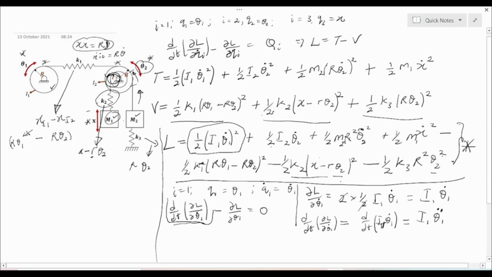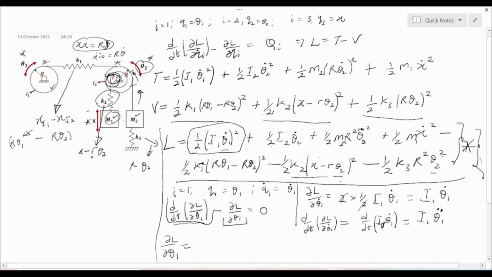So that can easily be written as I1 θ1 double dot. The next thing is to look for the second term, ∂L/∂θ1. And to do that, we are going to differentiate all of our L term. Let's recall that we've estimated L earlier here. And what are the terms that have θ1 in it? The first term has θ1 dot, no θ1.